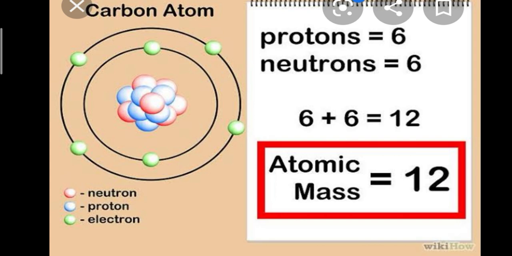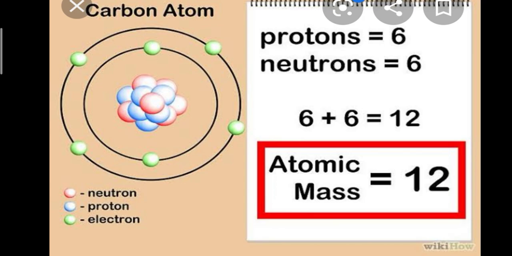Let's have another example. Now here with pictorial presentation, the carbon atom. In the atomic structure you will see that there are 6 protons, so naturally 6 electrons are also there. So 6 protons and neutrons are present in the middle, that is the nucleus, and 6 electrons are in orbits. The first orbit has 2 electrons and the second orbit has 4 electrons.